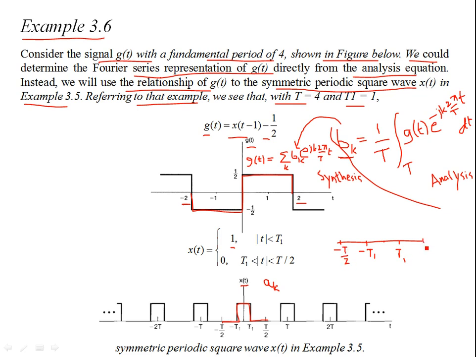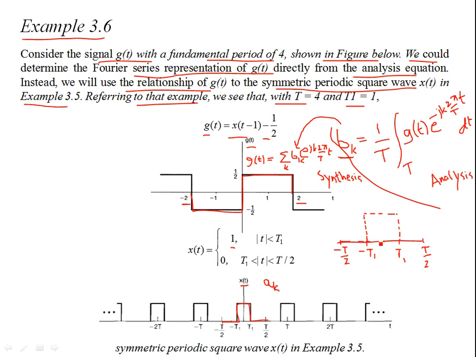I'm just going to replot the expression, first for x(t-1). Before, we had this pulse like this. So this is your x(t).